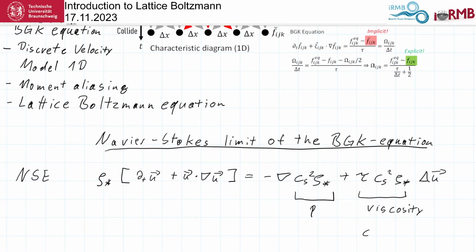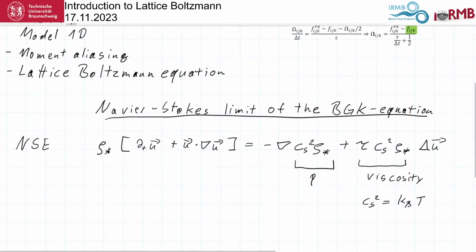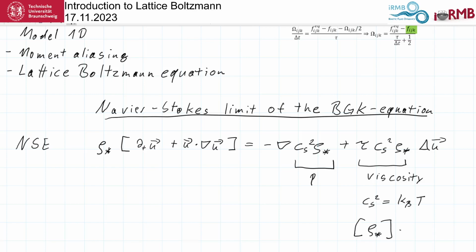So the speed of sound actually is related to the temperature, the speed of sound squared, of course, to the thermal energy in the system, the Boltzmann constant k_B times the temperature. And as I said, we denote rho asterisk as the mass density, so this will be kilograms divided by cubic meters.